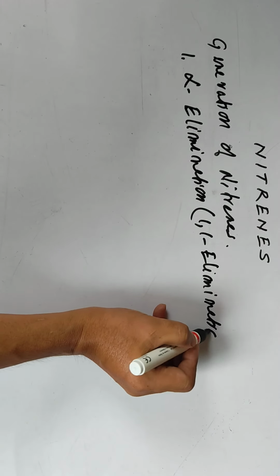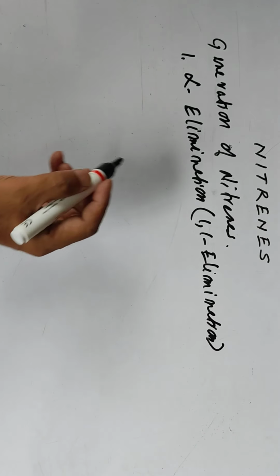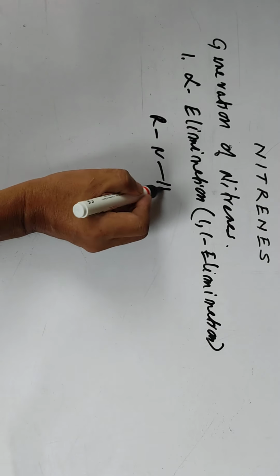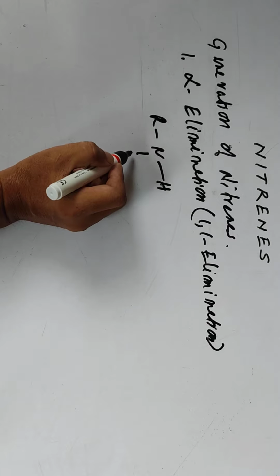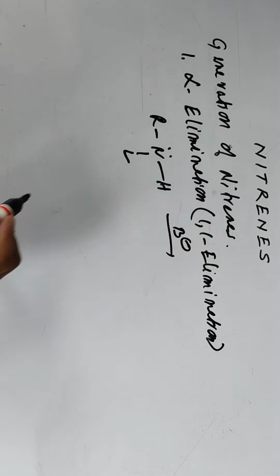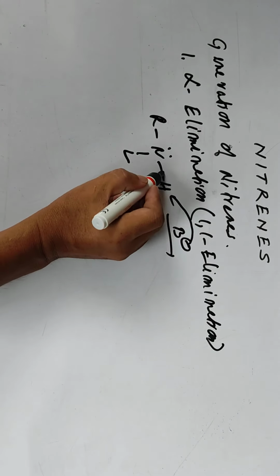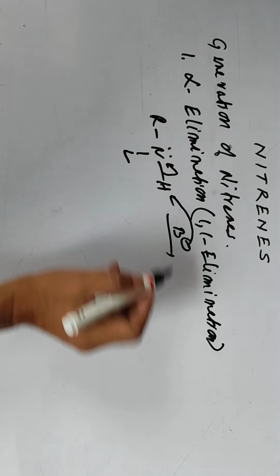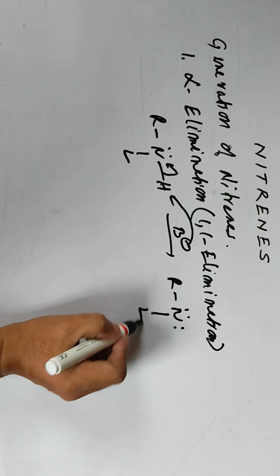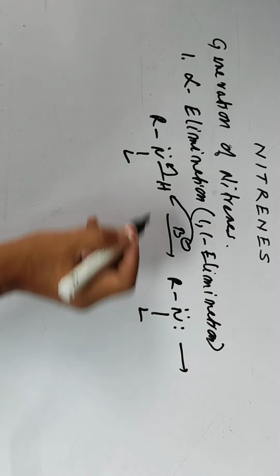So for example, generally you can have R-NH with a leaving group. Take some base or nucleophile, which picks up the proton, so the charge is given here.